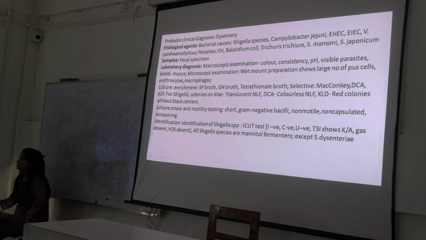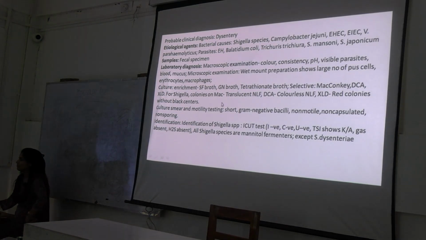Culture media remains the same in both the cases, except you will see in case of Salmonella, the colonies had black centers. In Shigella, they do not have black centers. Okay. In MacConkey agar, there will be non-lactose fermenting colonies.